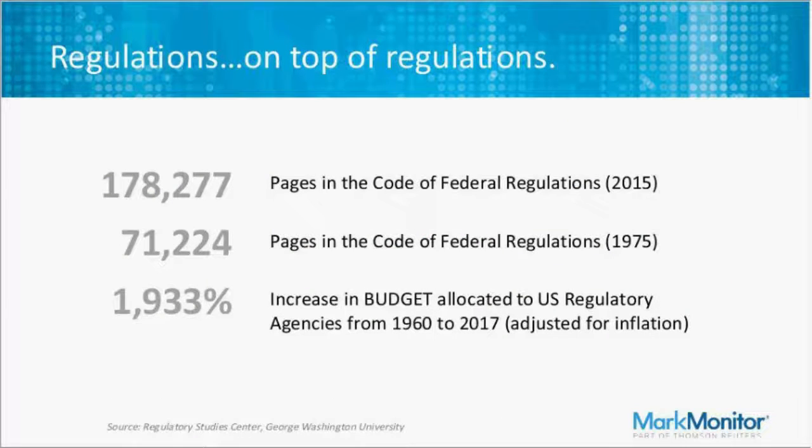And when you have all of these government regulations, I put this slide up here just because I thought it was interesting. If you look at, in 1975, 71,000 pages of the Code of Federal Regulations, and then today you have 178,000 pages of federal regulations. That's a huge increase. That other number there, 1900%, is the increase in budget allocated to U.S. regulatory agencies.